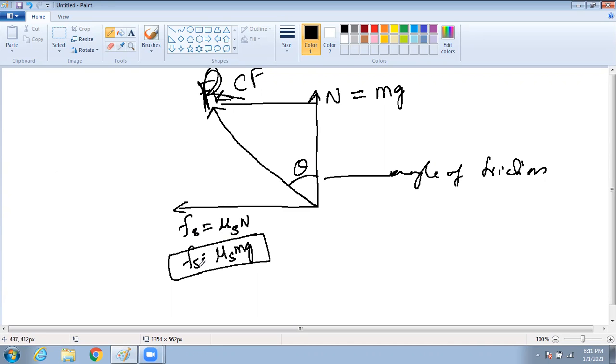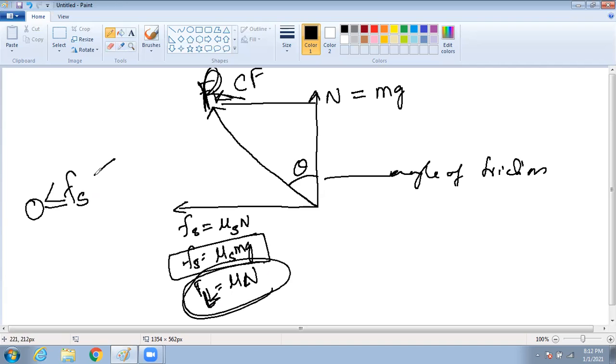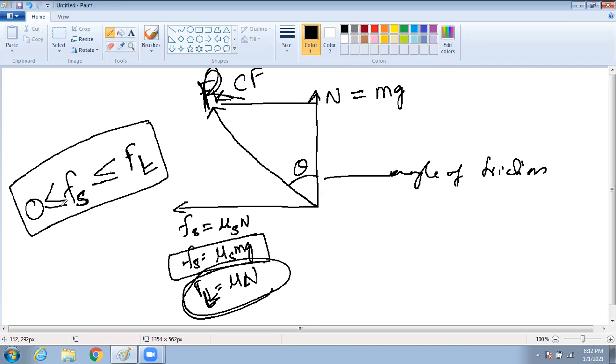So remember, we normally write F limiting equal to mu L into N. Remember, we always write it. Why? Because limiting friction is the maximum static friction. I told you that static friction extends from F limiting to 0.